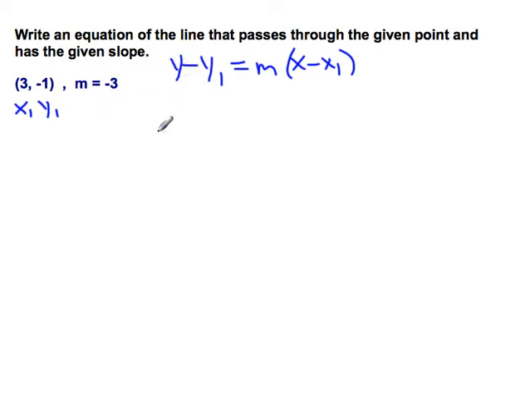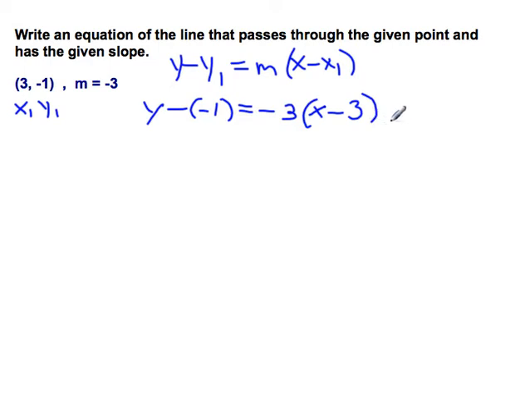This first y is going to stay y. So it'll be y minus y1 is negative 1, so I'm going to put that in parentheses, equals m is negative 3 times x minus, and x1 over here is positive 3. So I'm just going to write 3 down there.